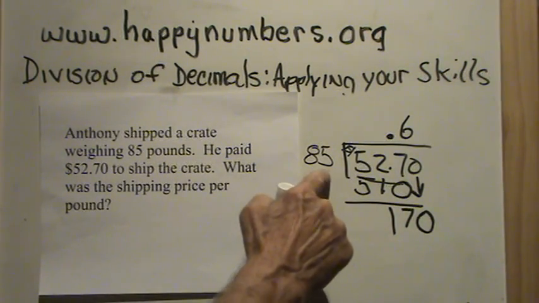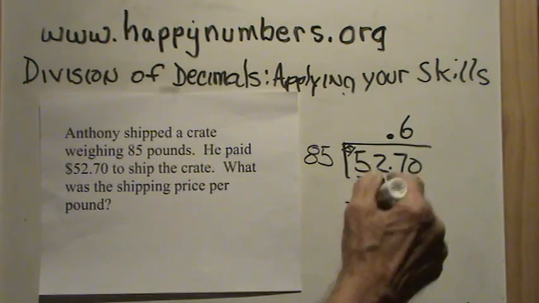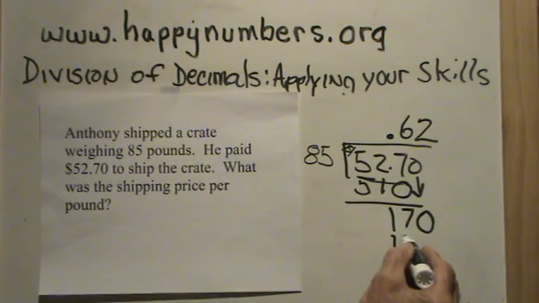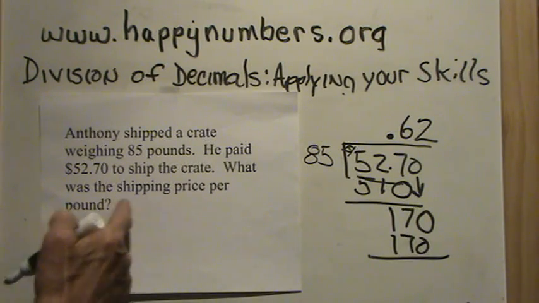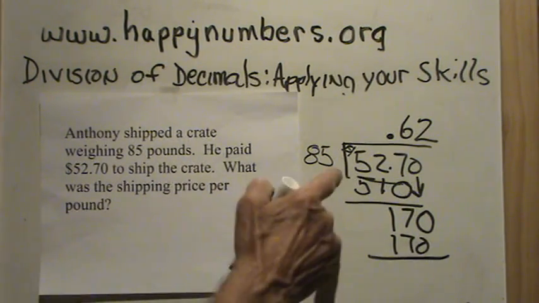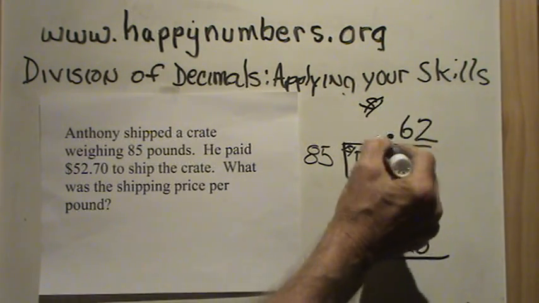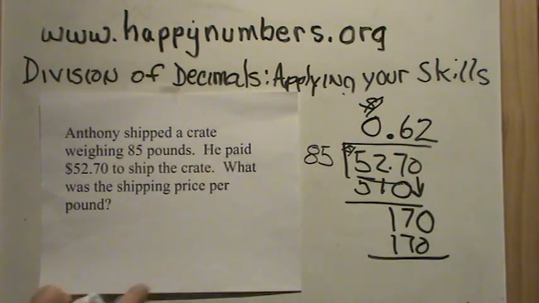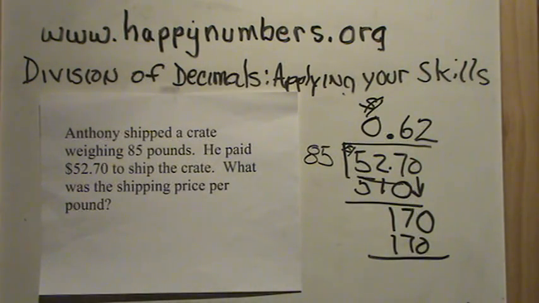Now 85 goes into 170 2 times. Because 2 times 85 is 170. So that's it. So now the shipping price per pound. Now of course we're dealing with money. So 62 cents, we could put a 0 there, but it's not necessary. So to ship the crate, it costs 62 cents per pound.